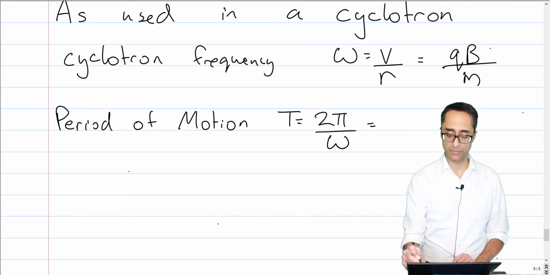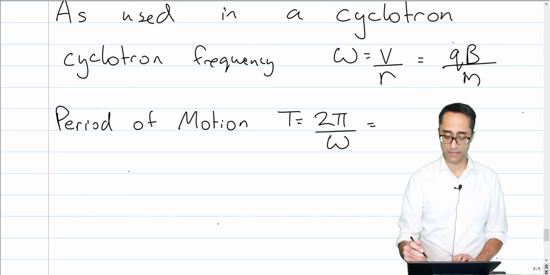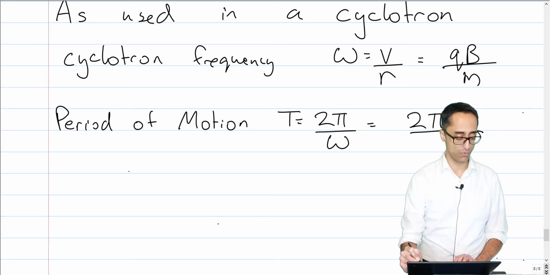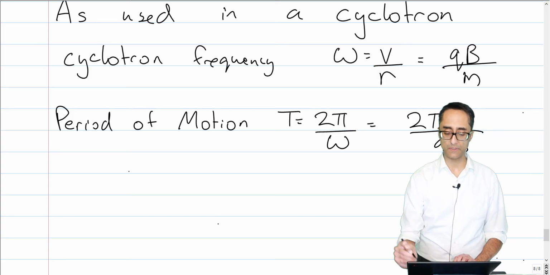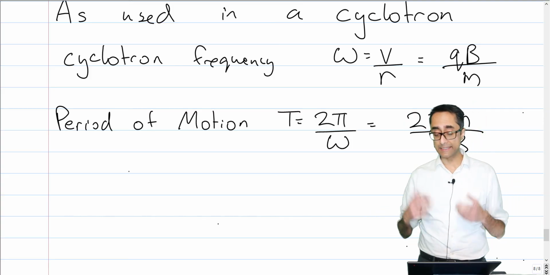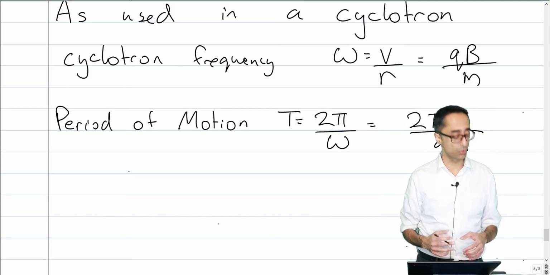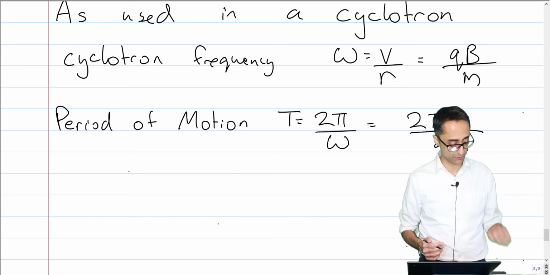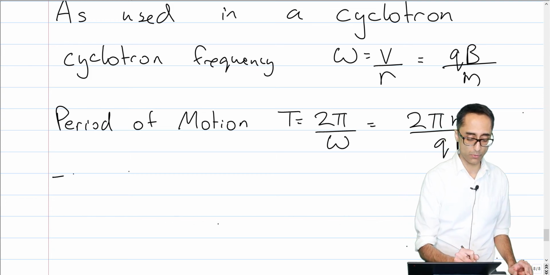And if we substitute in our value for omega there, we have 2 pi m over qb. And so perhaps instead we measure the period of motion and again get that ratio of mass to charge. So let's just make a note of that.